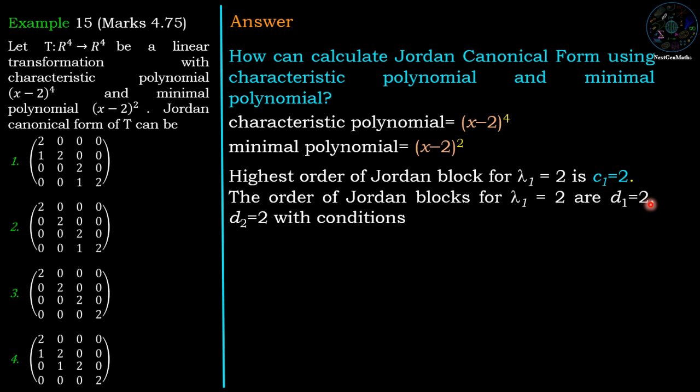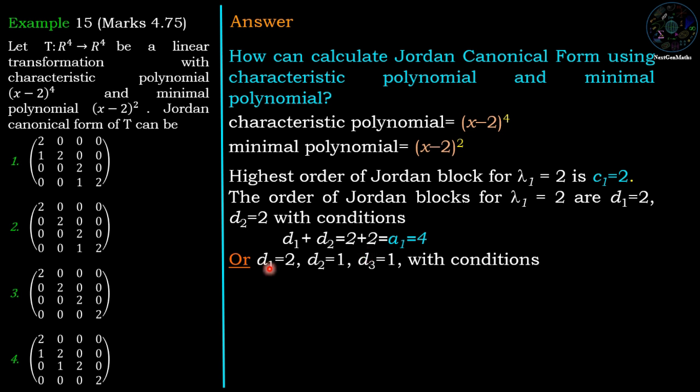So the first option is 2 + 2 = 4. So we get d1 + d2 = 2 + 2 = a1 = 4. So in the first option we have two Jordan blocks of order 2. For another possibility, the highest is 2, so the remaining can be less than 2, so it may be 1, 1.